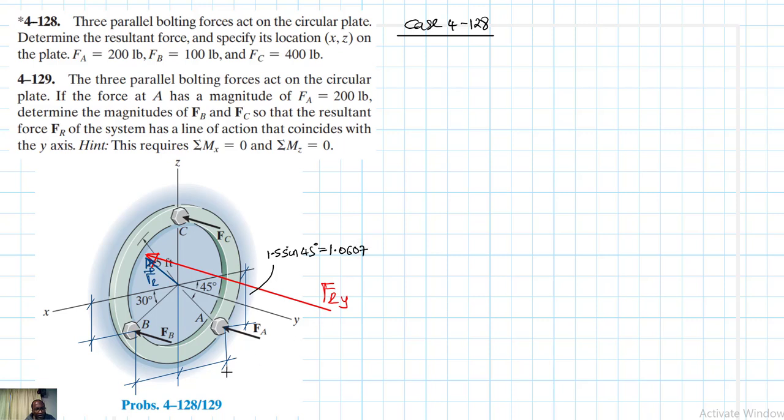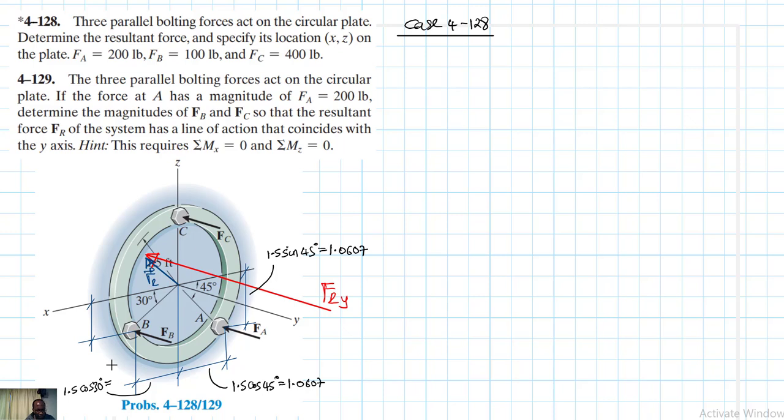1.0607. All right, this one is equal to 1.5 cos 45. Cos 45 and sin 45 are the same, so this is 1.0607, like so. Okay, and then this is 1.5 cos 30, which is equal to, sorry, this is not 0.75.